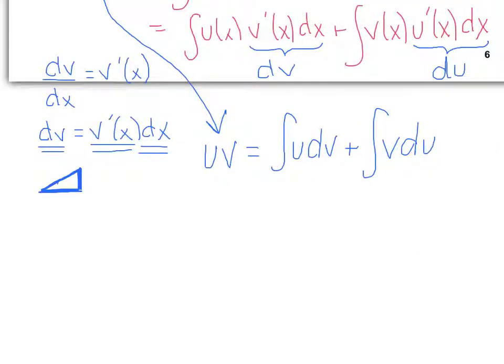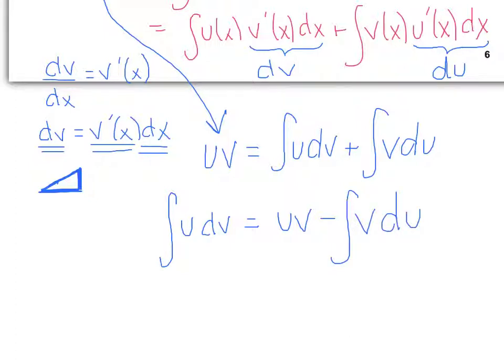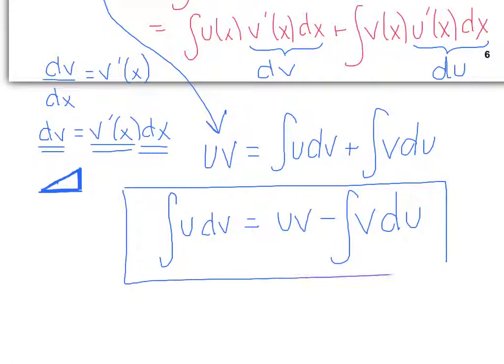Or, if we move a few things around, the integral of u dv equals uv minus the integral of v du.